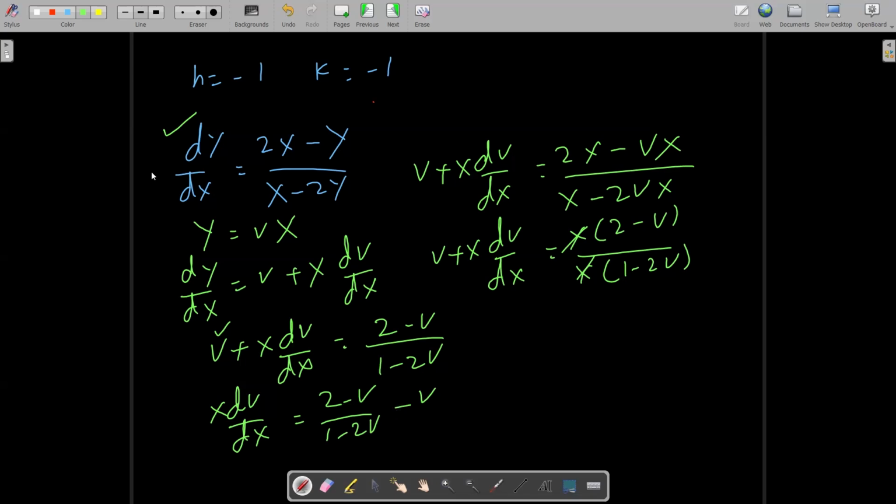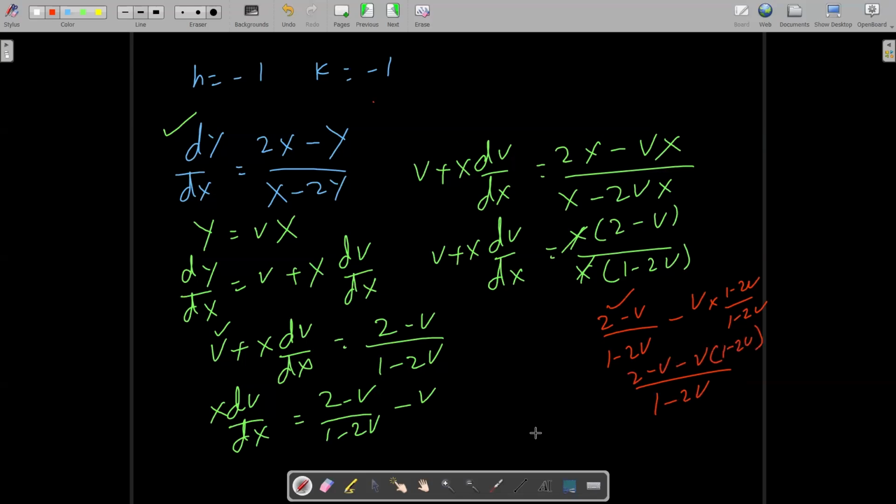So how can we simplify? Let's say this is 2 minus v over 1 minus 2v, negative v. You can multiply by 1 minus 2v over 1 minus 2v to make the same denominator, 1 minus 2v. On the top, it will be 2 minus v minus v times 1 minus 2v.